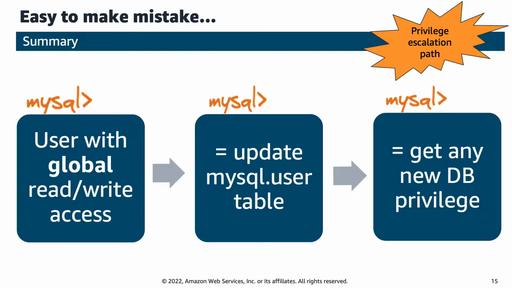So what I would like to have is somehow grant everything except. So I want to restrict my application user from updating the user table to get the additional privilege.